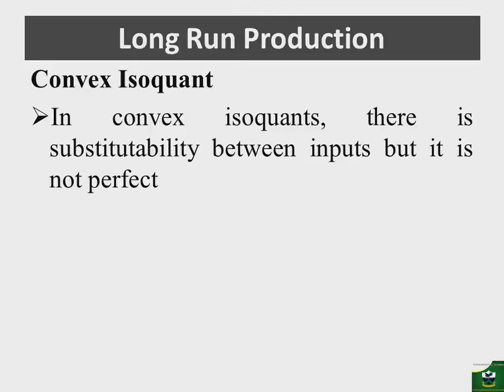And if it was L-shaped, we would have non-substitutability at all. But the convex ones are in the middle between the linear and the L-shaped. Drawn together, we have the one that is linear here, perfect substitutes. In the middle, we have the convex, which is somewhat like an L but forming a curve.